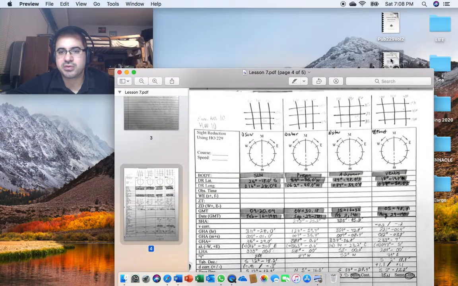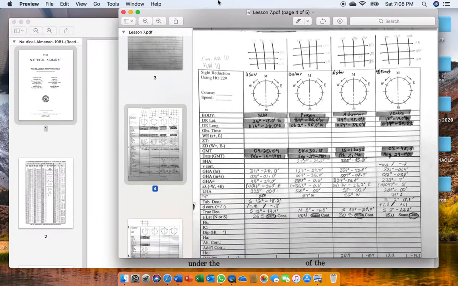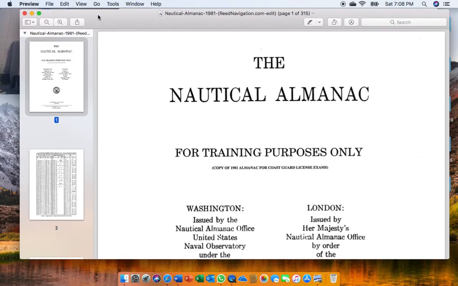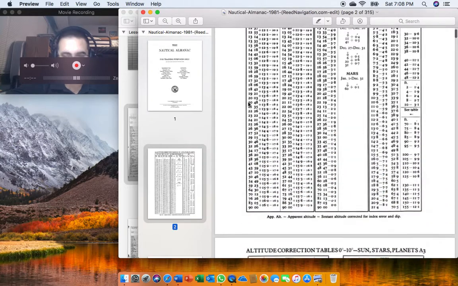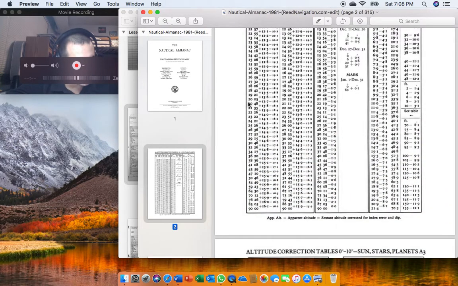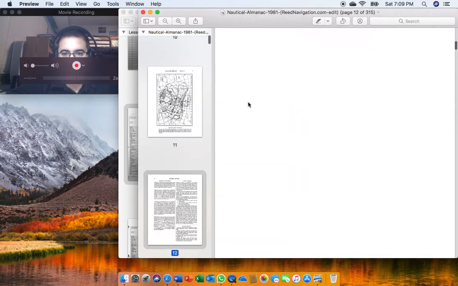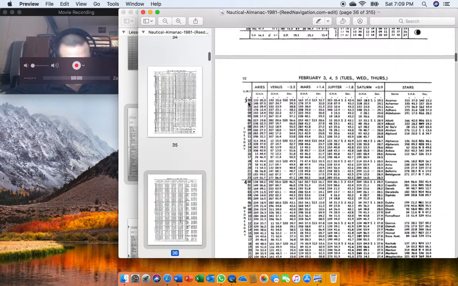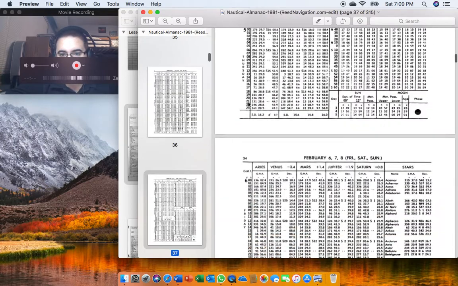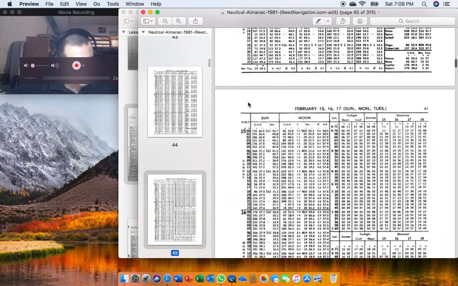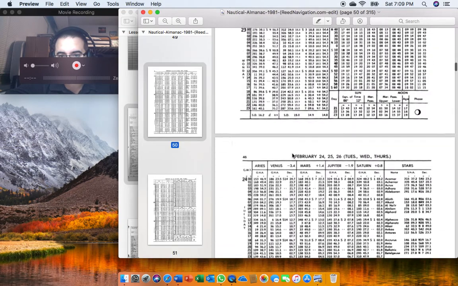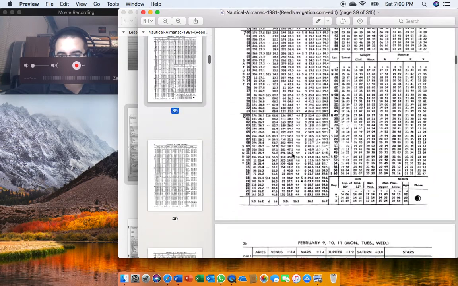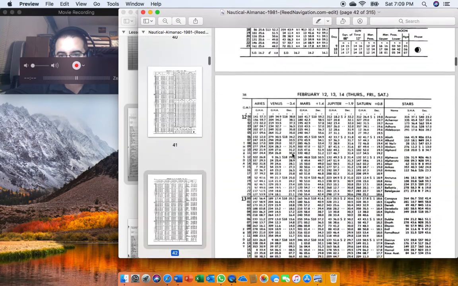So what we're gonna do is open our almanac, and first thing we are going to do is go to our date. So let's go to February 16. A little too much.